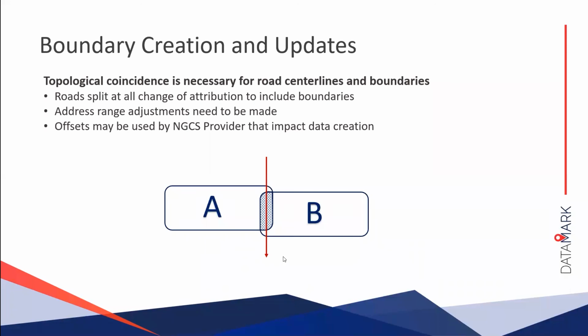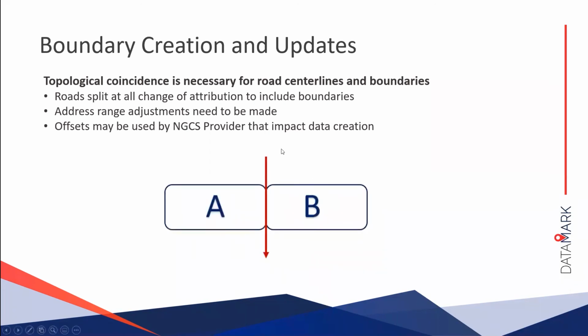And so these splits that need to occur at the change of attribution should include the boundaries. And sometimes you're going to have to dig into metes and bounds and things like that and make sure that the offset of the road center line that you've agreed to is sufficient, that the right of way is appropriately represented by that polygon and things like that.